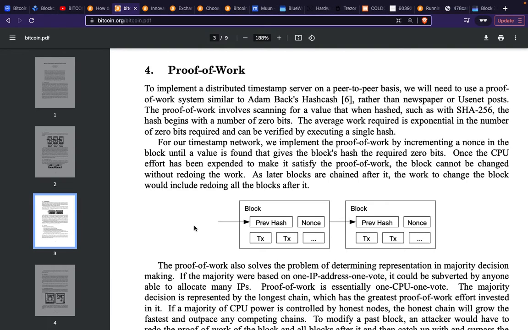The timestamp server, right? For that, Satoshi used Adam Back's Hashcash. This was designed basically to ask somebody to do some work before they can send you an email, or before they can reply to your tweet, or like your tweet.